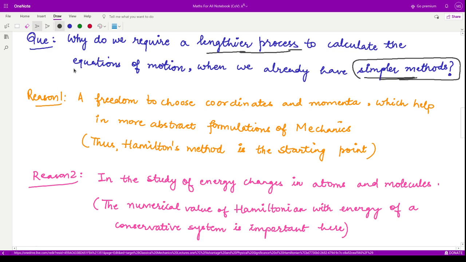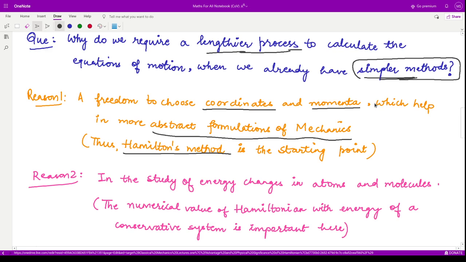For example, the first reason is that Hamilton's method gives the starting point for many other, abstract formulations of mechanics. Why? Because here we have the freedom to choose whatever coordinates and momenta are required to completely describe the system.